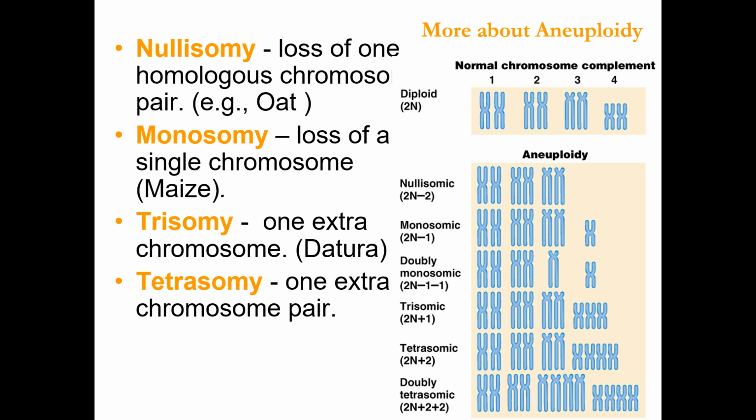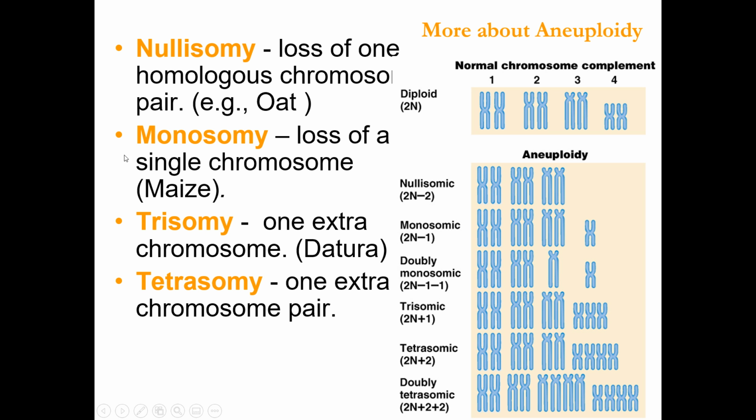In monosomy, loss of single chromosome, 2n minus 1. Then like monosomy, there is trisomy, one extra chromosome.